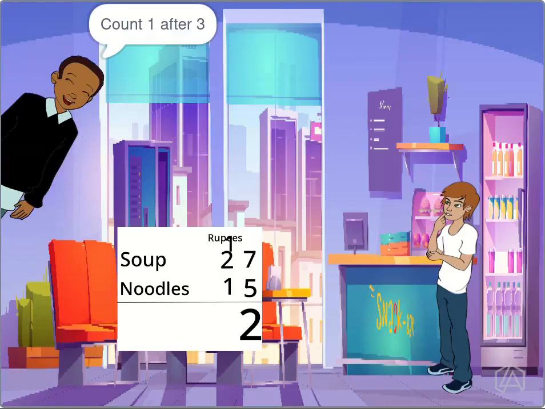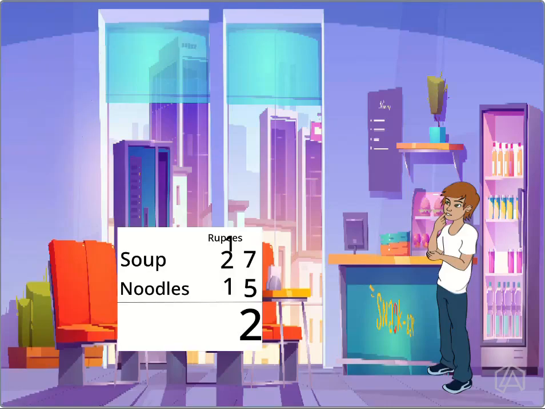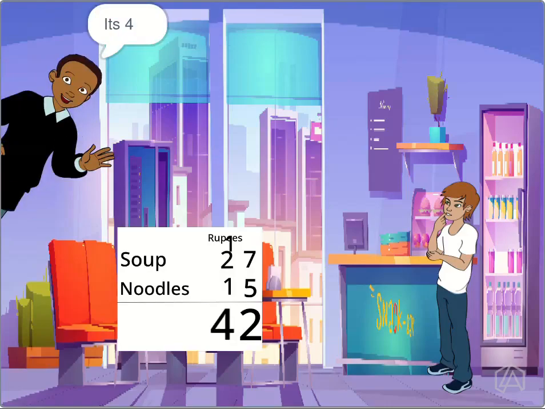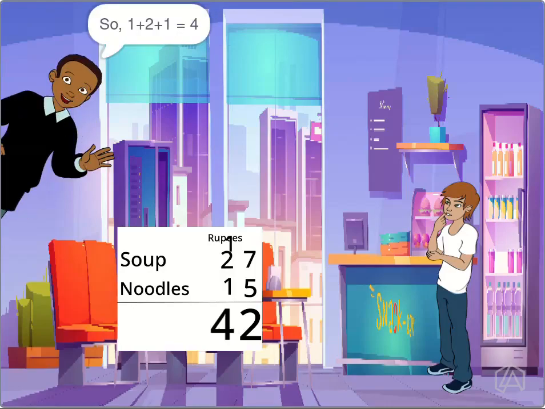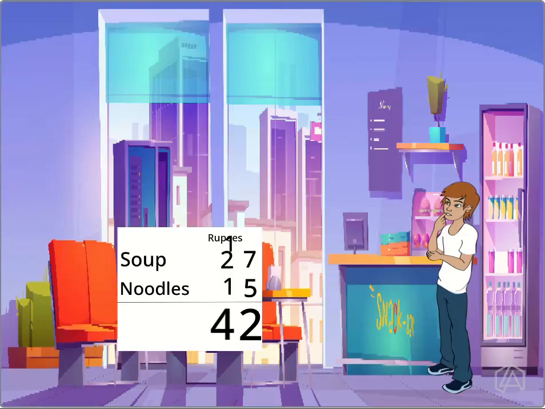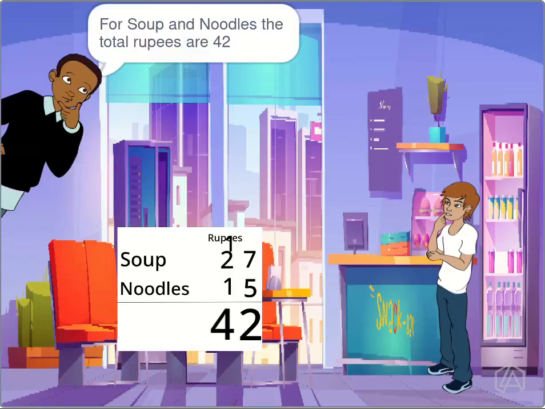Count 1 after 3. It's 4. So 1 plus 2 plus 1 is equal to 4. For soup and noodles, the total rupees are 42.